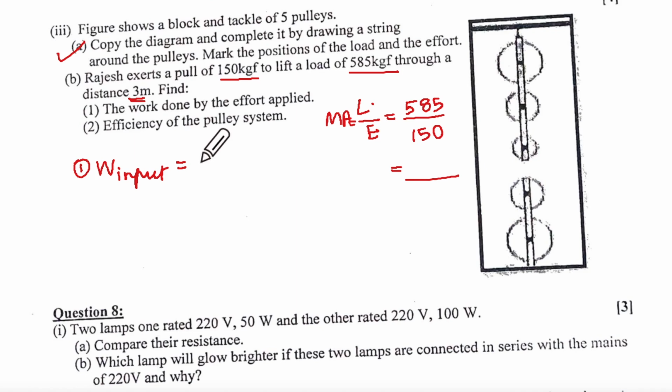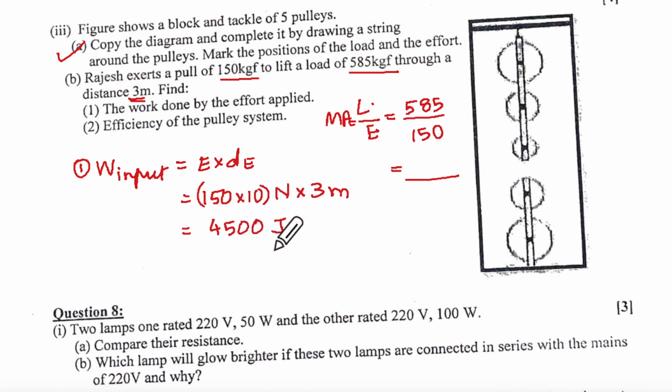Remember, it is work done, so it will be effort into displacement of effort. So 150 kgf multiplied by 10, you will have to take the effort in Newton, and the distance will have to be in meter. If they give you in centimeter, you have to convert it into meter. Understood? If you wrote 150 into 3, you got a 0. Did you understand this part?